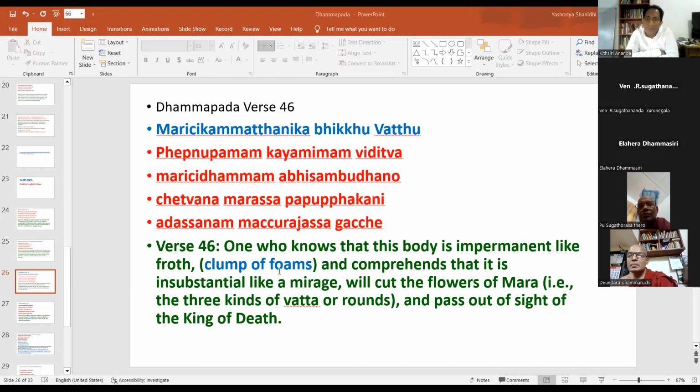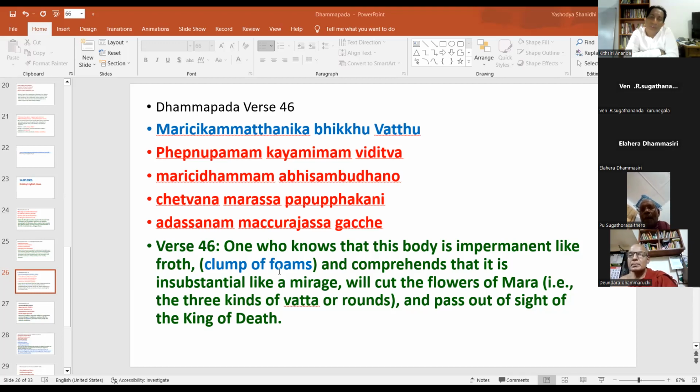And one comprehends that it is insubstantial like a mirage. So it's just like a mirage. Marichi dhamma. And we'll cut the flowers of Mara. Chetwana marassa papuppakani. The flowers of Mara, the three kinds of vatta or rounds, and pass out of sight of the king of death.